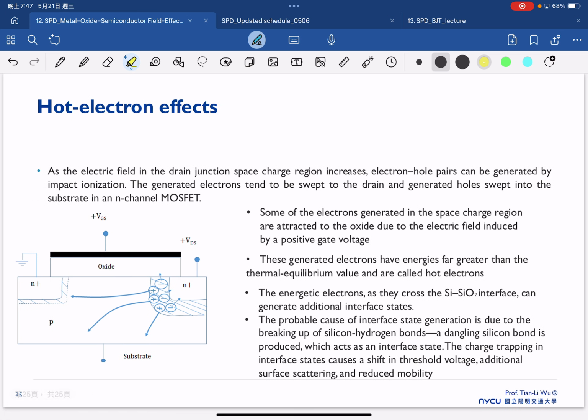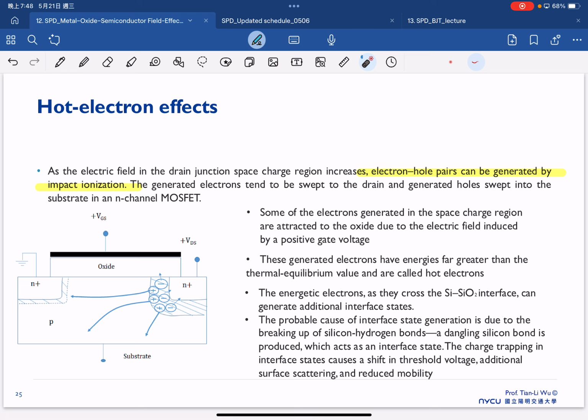The last one is another reliability issue, and that is actually getting worse and worse now. Because we try to reduce the channel length, in the end, the electric field always becomes larger. Once the electric field becomes larger, everything gets worse. As the electric field in the drain space charge region increases, electron hole pairs can be generated by impact ionization, and the generated electron is swept to the drain, and the separate hole is swept into the substrate in the N MOSFET here.